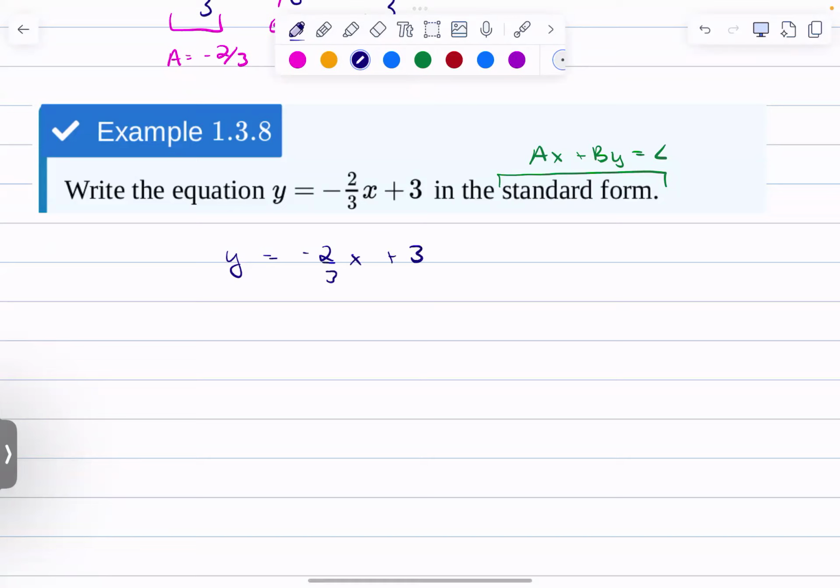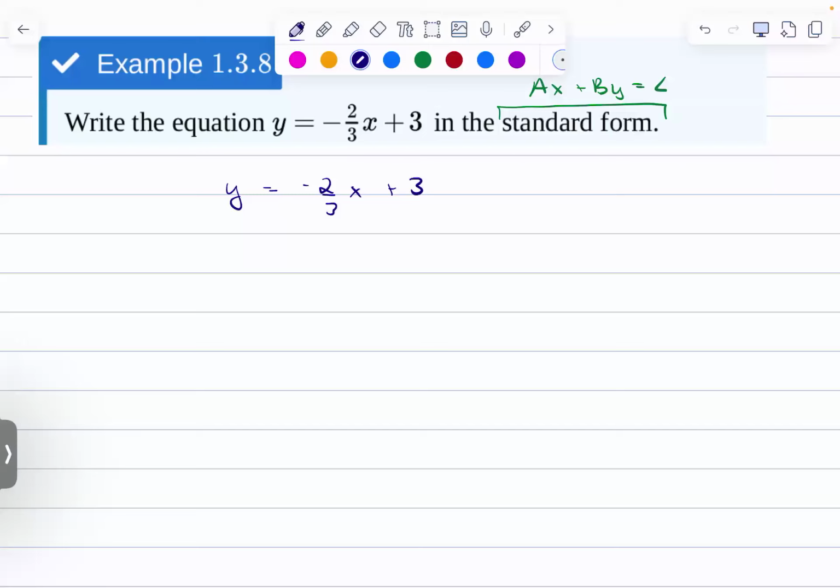I want to get the x's and y's to one side and then the constant on the other side. And I'm going to try to do it with the x first. Okay. So I have to add 2 over 3x to both sides. 2 over 3x plus y is equal to 3. I did it. In this case, a would be 2 over 3, b is 1, and c is 3.